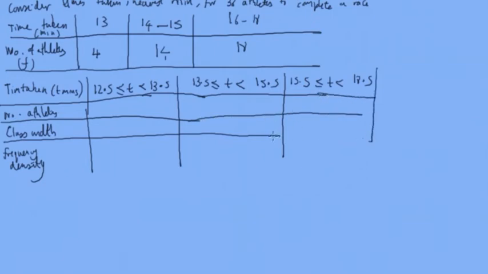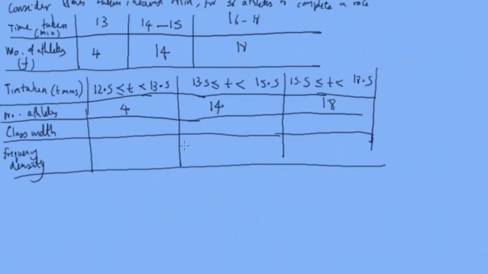This is the worst table in the history of tables. There we go. So we've still got the same number of athletes: 4, 14 and 18. Now the class width is 13.5 take away 12.5, which is 1. Here we've got 15.5 take away 13.5, which is 2.